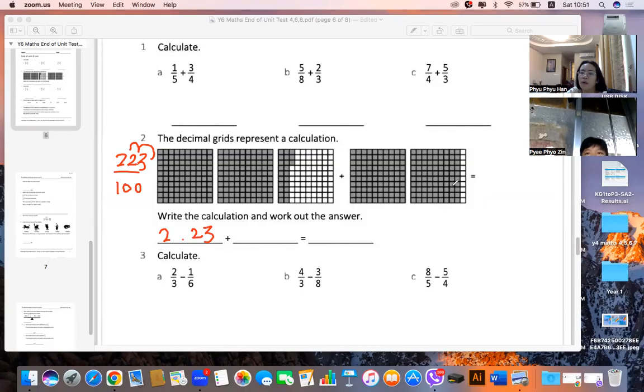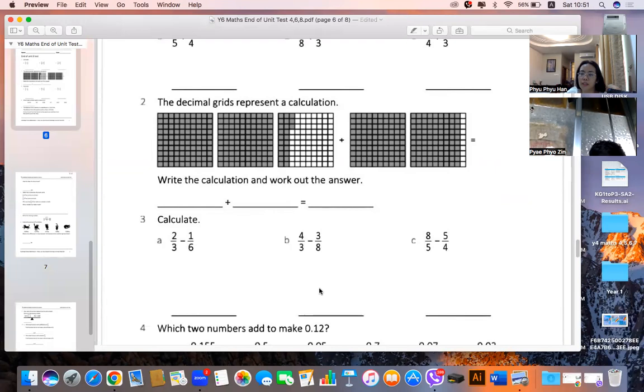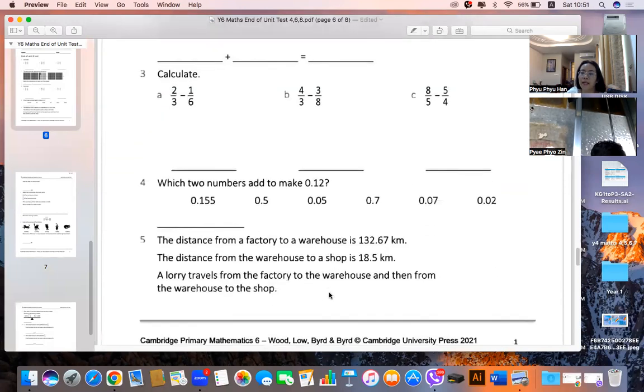For this one, 190 divided by 100. You shift the decimal, so you get 1.9, and you add to get the answer. And this number 3 is about subtraction, which I already explained just now.